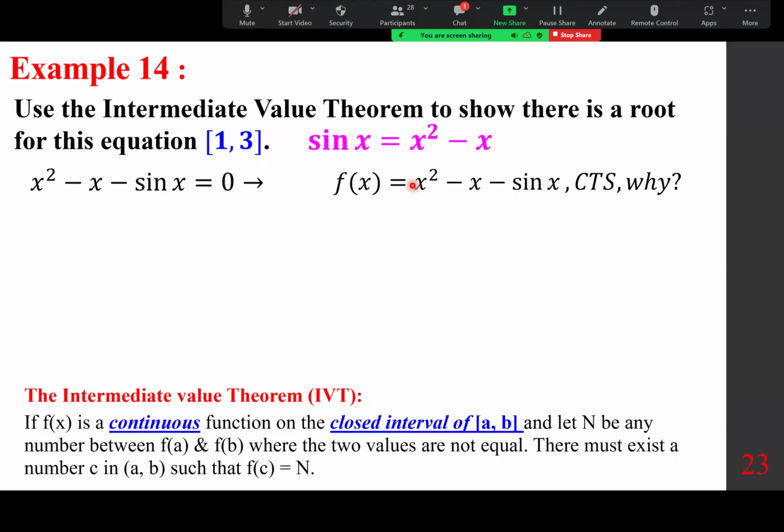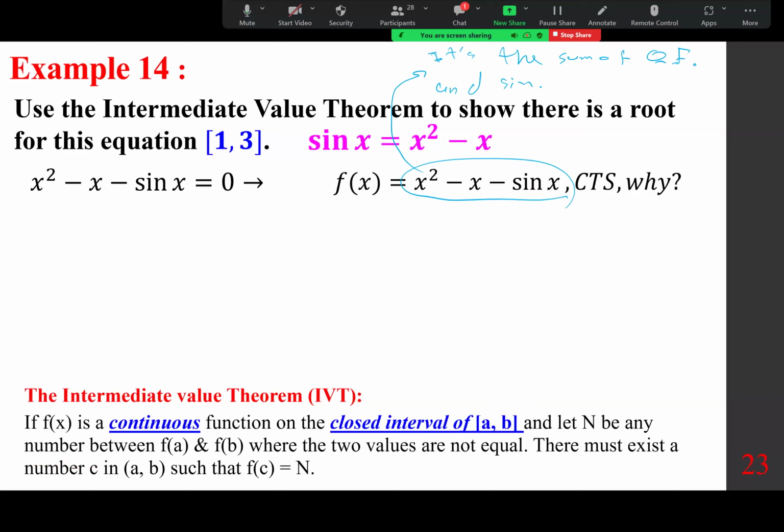Now this function is continuous. Why is that? Because it's a combination of a quadratic function and a sinusoidal function. Both of them are continuous from negative to positive infinity. It's the sum of a quadratic function and a sine function.